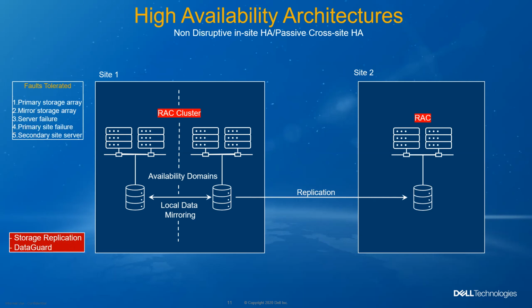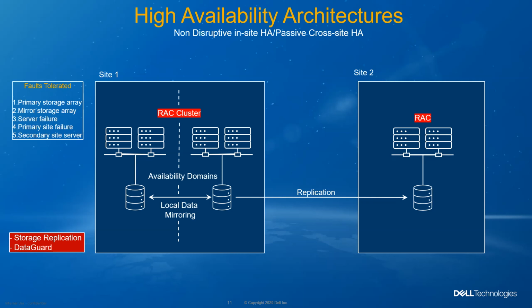Again, this can be implemented using storage replication or Data Guard. Now, there are many benefits to both storage replication and Data Guard replication. Both have pros and cons. There are similarities, but Data Guard is closely coupled and integrated with the database.